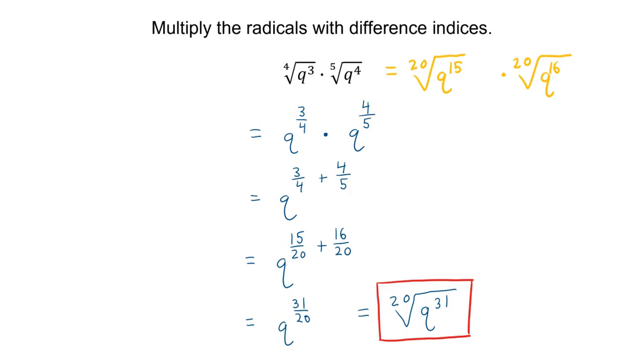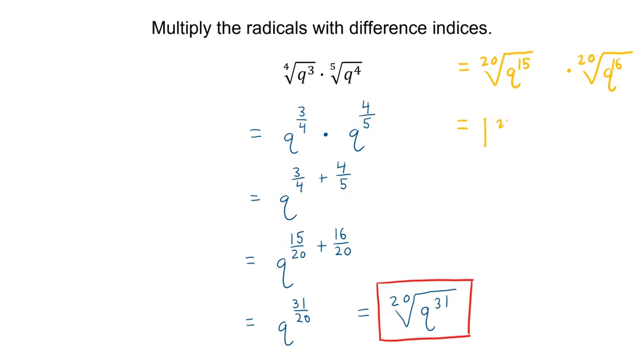And look, now we have the same indexes. We have a 20th root times a 20th root. And now we can just multiply outside to outside and inside to inside. 1 times 1 on the outside gives us 1. And then because we're multiplying a 20th root by a 20th root, the result's going to be a 20th root.